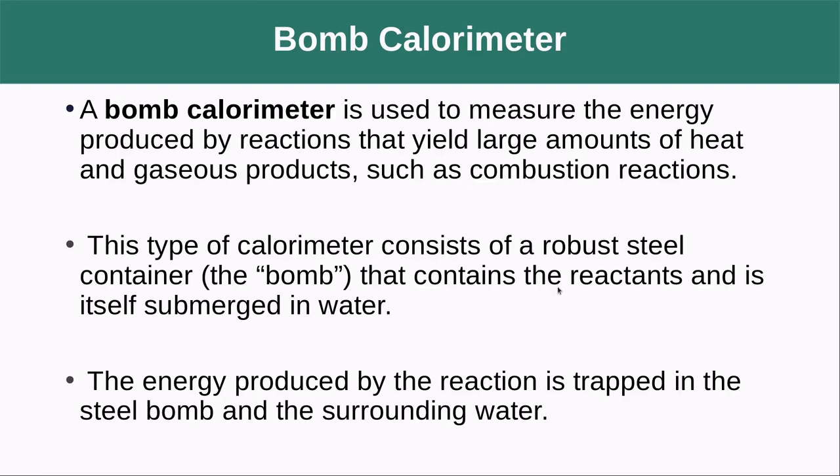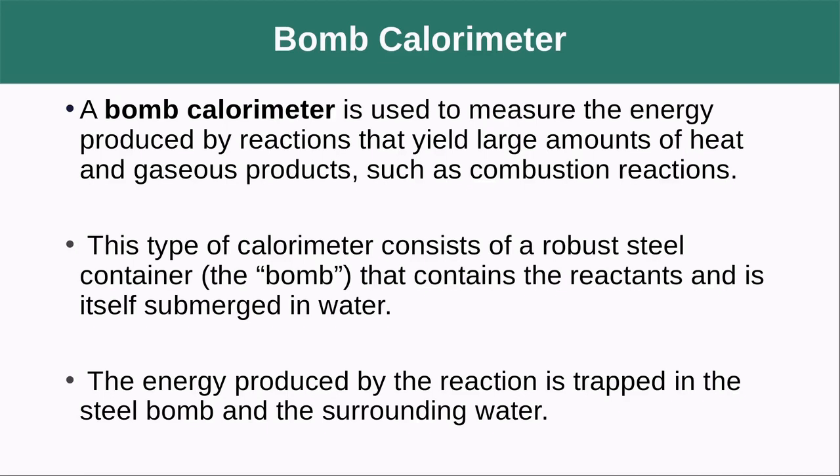So bomb calorimetry. This is pretty useful in the sense that you can basically make almost anything combust completely given the right conditions. And so it's a good way to do calorimetry with things that aren't necessarily going to react very quickly or easily in any kind of sense.